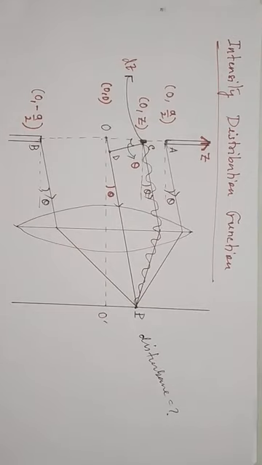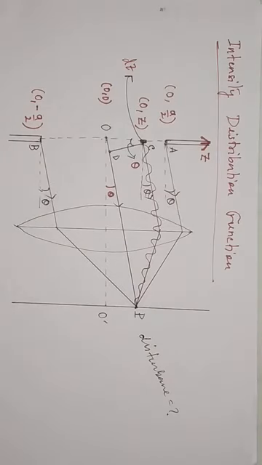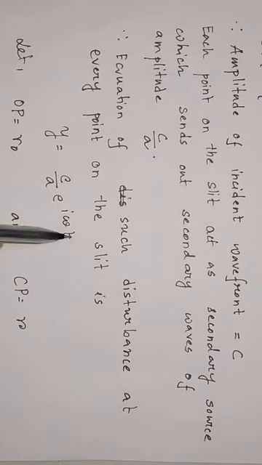As this wave has traveled some distance, an extra path, there will be some extra phase difference, so the phase of the wave will change. At first, on the slit, the phase of the disturbance was omega t. Now the wave has traveled the length CP and reached the point P.